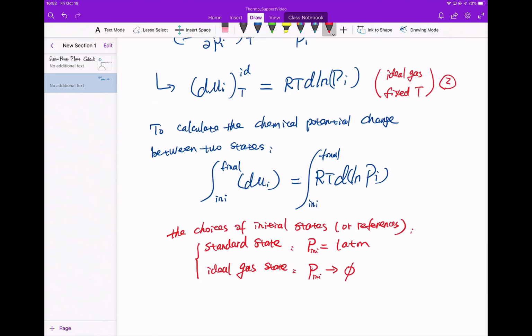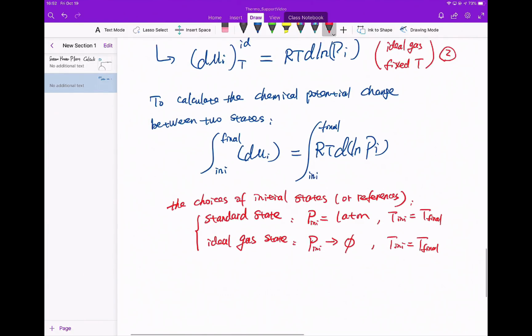So we are not changing temperature for the chemical potential calculations. So usually the T initial is same as T final. Same here, T initial is T final. Temperature is a fixed value.